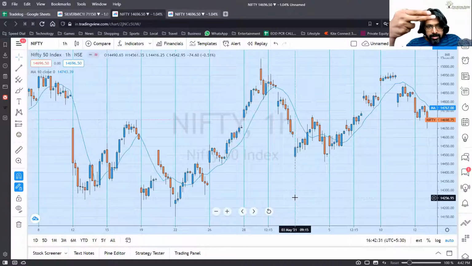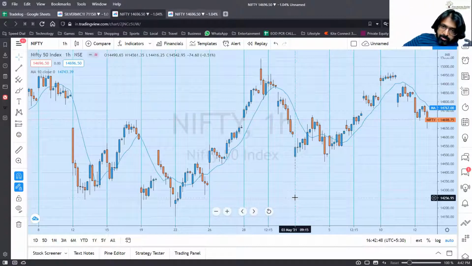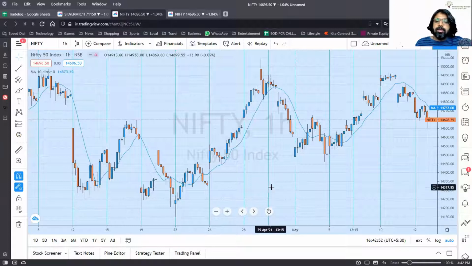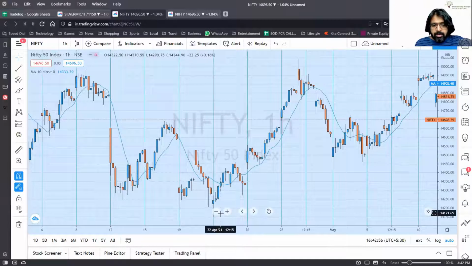Then we have the secondary trend, and then we have the short term trend. So the primary trend is typically the one which goes up. Then we have a secondary trend which is the intermediate trend, and then we have the long term trend. Now I want to show you this.